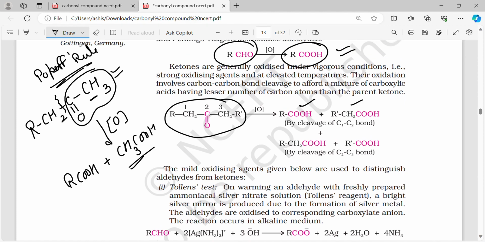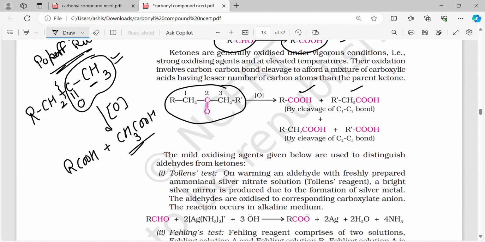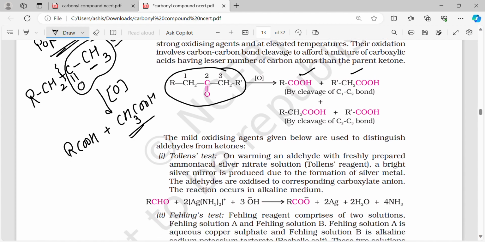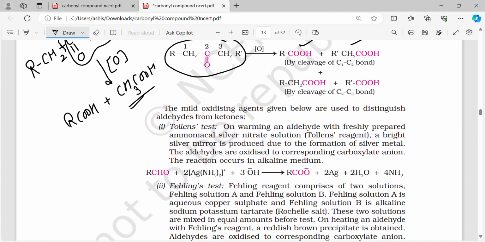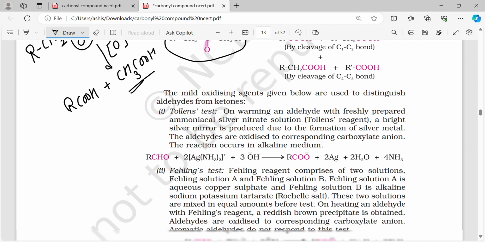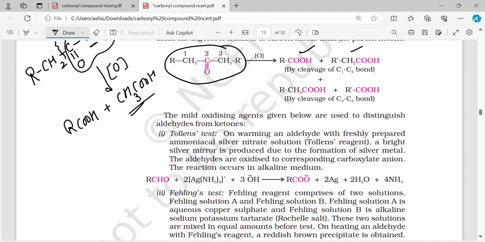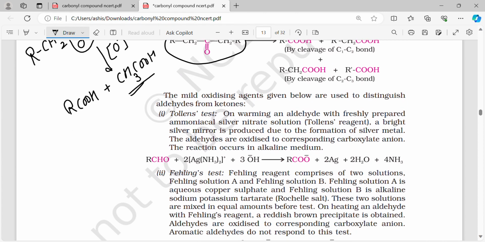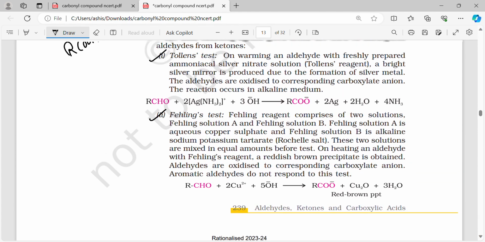So we will get RCOOH plus CH3COOH. That is called Popoff's rule. But it can be possible only when we are using a very strong oxidizing agent like hot concentrated acidic KMnO4. In normal conditions, ketone cannot be oxidized.